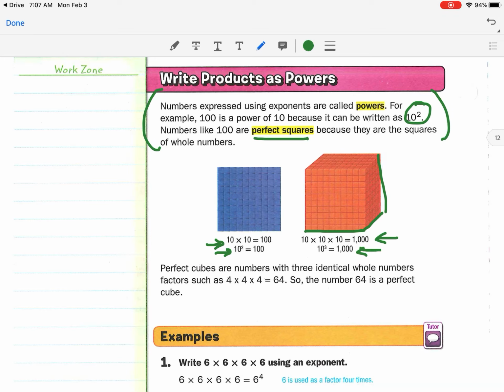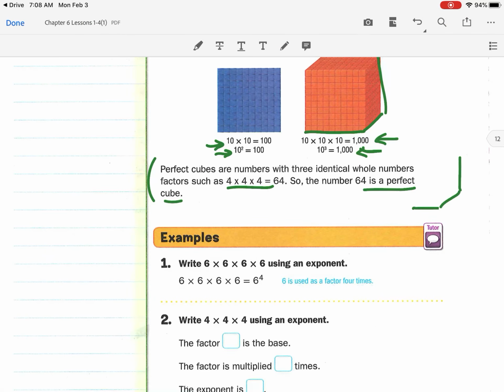So taking a look here, it says perfect cubes are numbers with 3 identical whole number factors, such as 4 times 4 times 4 is 64. So the number 64 is a perfect cube, meaning that it would be 4 length, 4 width, and 4 height. It is a perfect cube because those are all going to be identical on 3 sides.